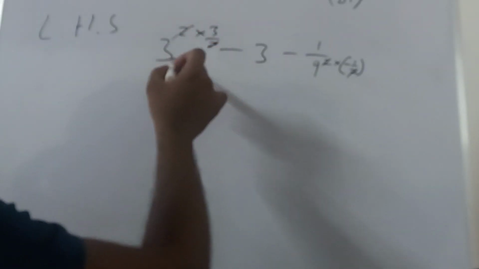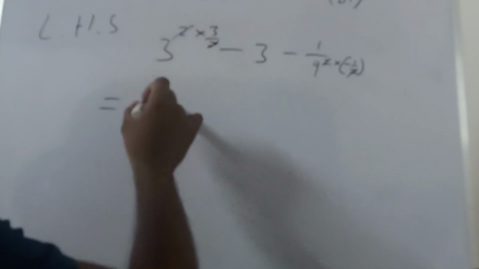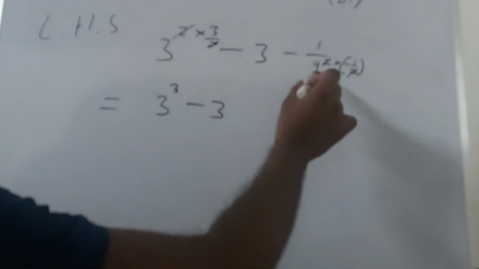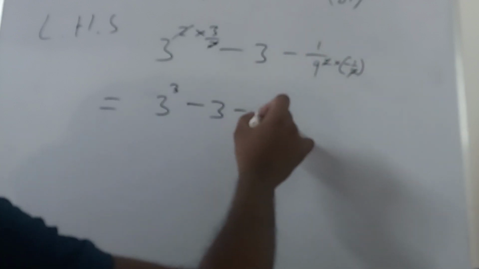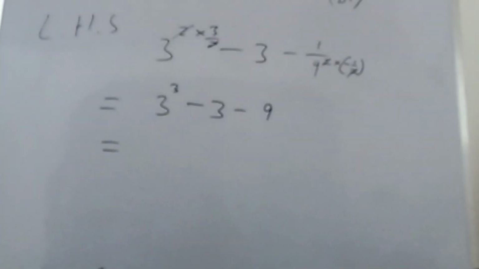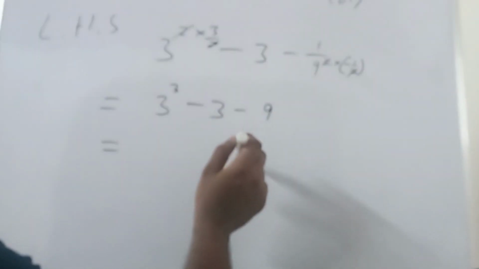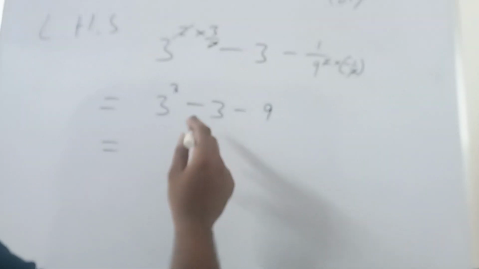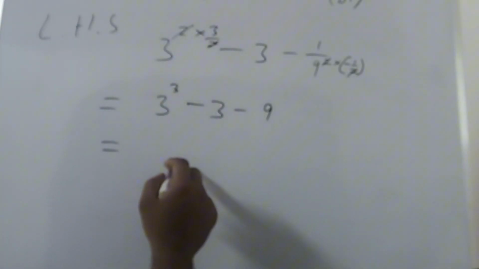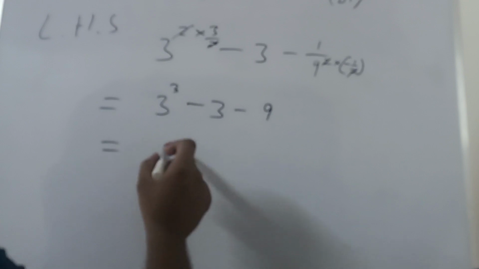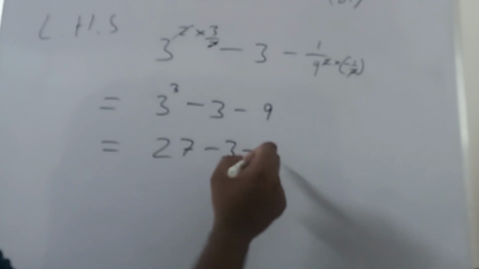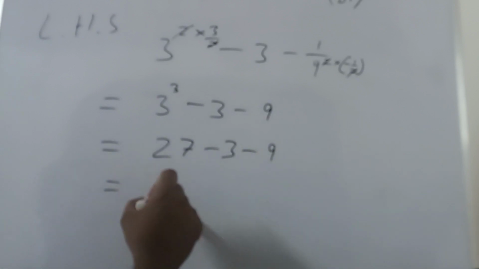So 3 raised to the power 3 minus 3, and this 9 comes over here, that is 9. We can take common, but the easier way is to just solve this: 3 raised to the power 3, that is 3 to the 9 and 3 to the 27, minus 3 minus 9. So this is nothing but 15.